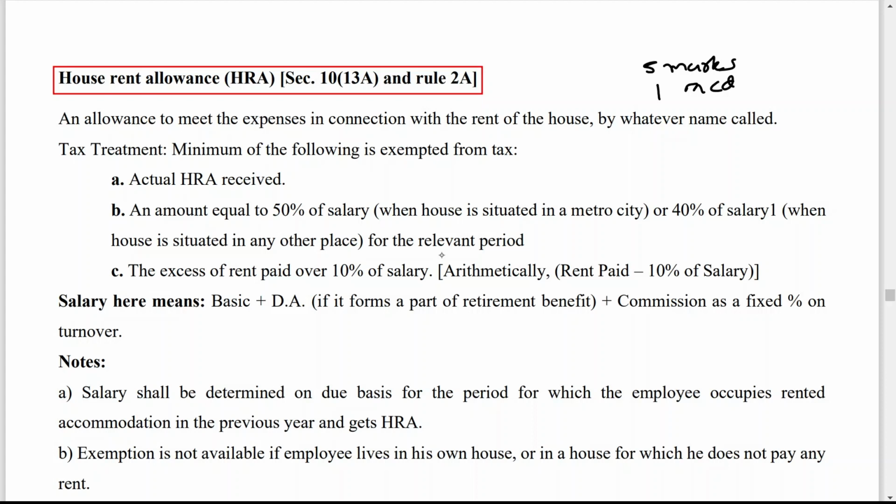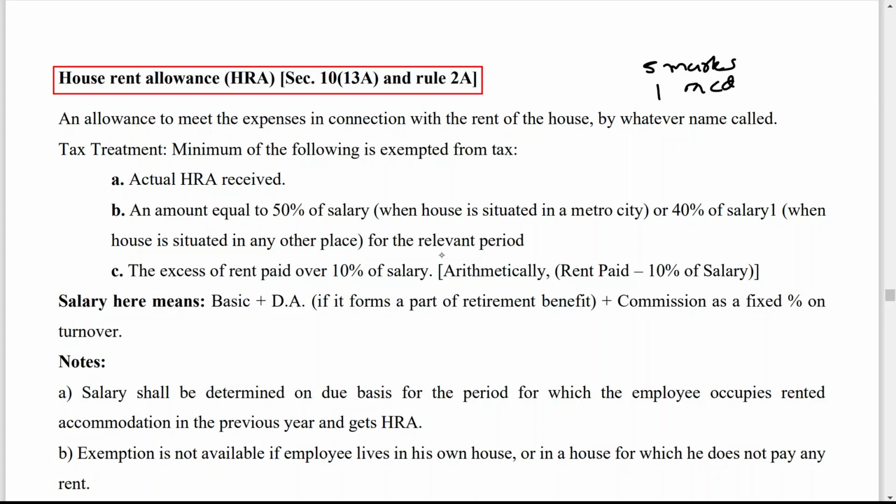Any allowance to meet the expenses in connection with the rent of the house, by whatever name called, is called house rent allowance.